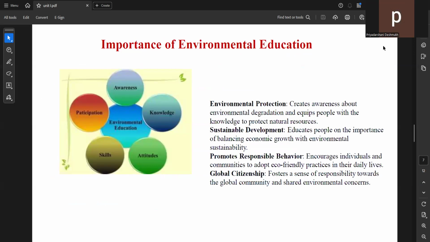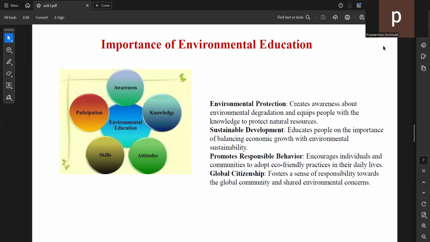The next important thing is, what is the importance of environmental education? Environmental education is a very important topic in students' lives as well as in social life.